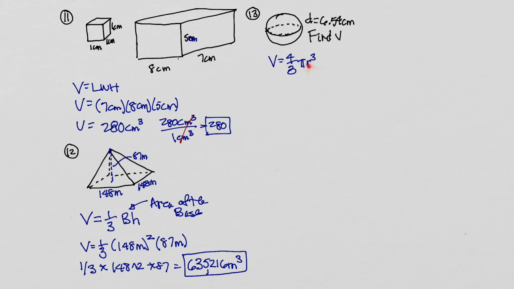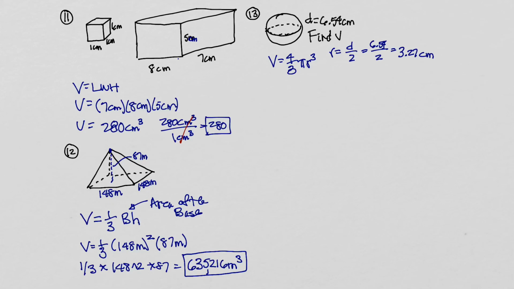But now the formula has a radius in it, not a diameter. We're given the diameter. So we do know this, though, that the radius is equal to the diameter divided by 2. So 6.54 divided by 2, that is 3.27, and it's all in centimeters.